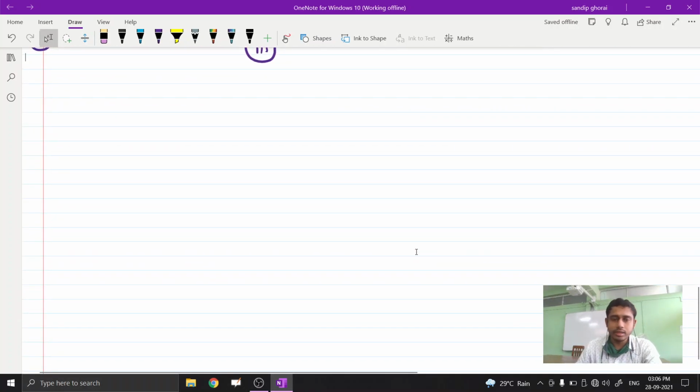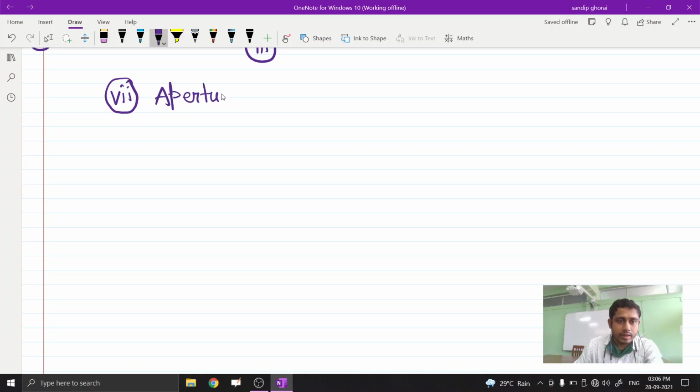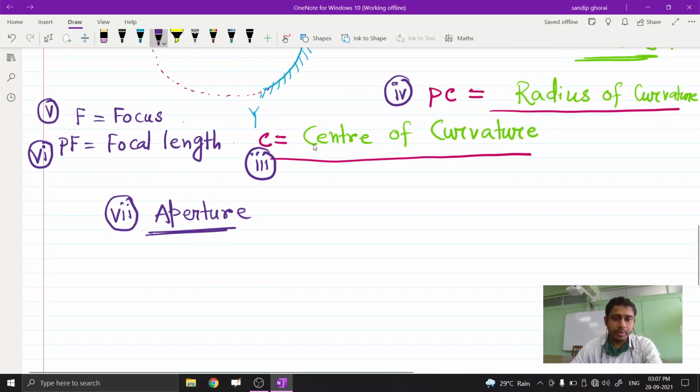And the next term, the seventh, is aperture. What is the definition of aperture? Aperture means the area of a spherical mirror on which the incident light falls.